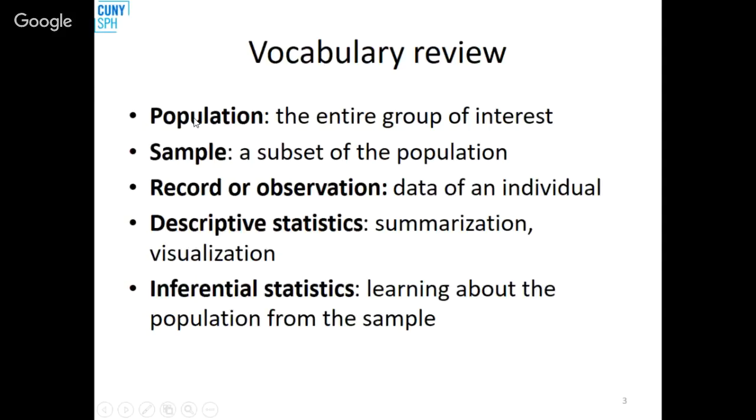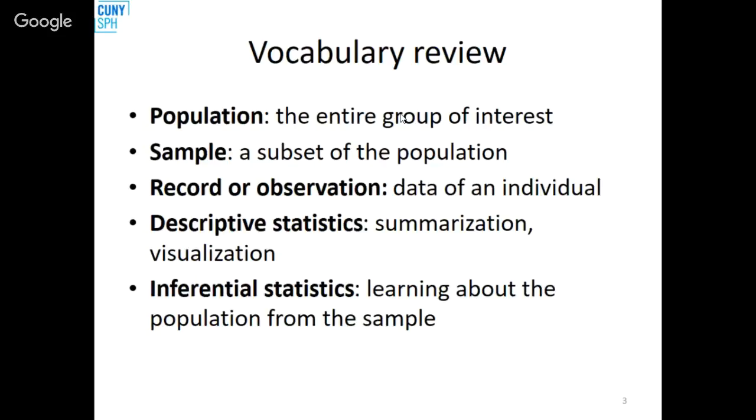Just to review the vocabulary so far, remember the population is the entire group of interest, and in different situations, the population could be, for example, all New York City adults. It could be all people who have a certain condition. It could be everyone in the world.